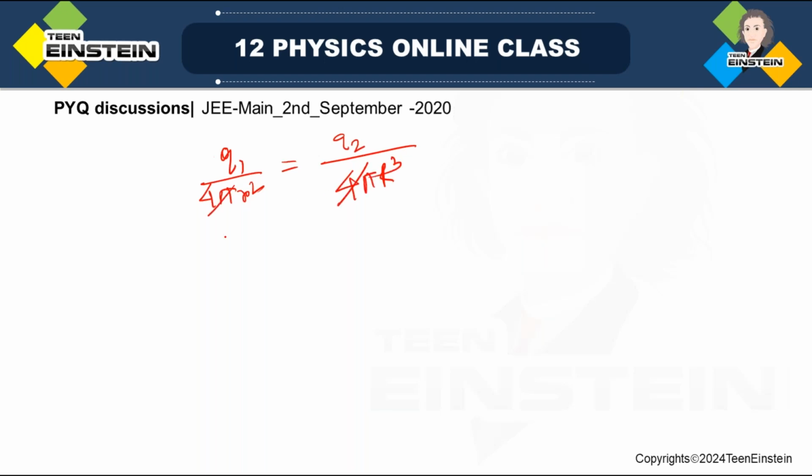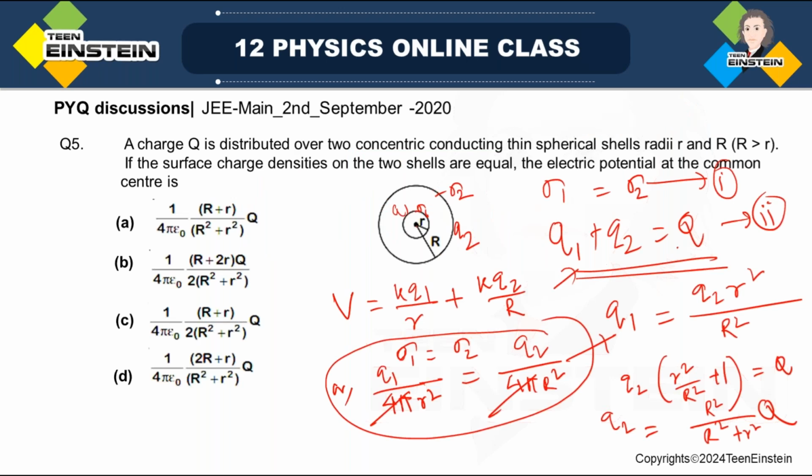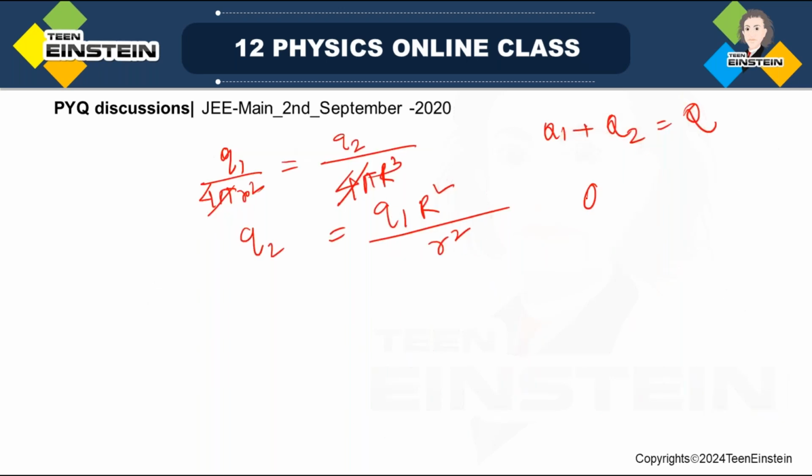So 4 pi goes off. I have to replace Q2 by Q1. So look here what we are getting. Q2 is equal to Q1 into R square divided by this. Now put it here. Q1 plus Q2 is equal to Q. So we have already got Q2, and so Q1 will be obtained.